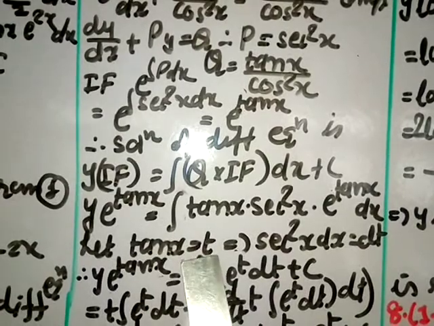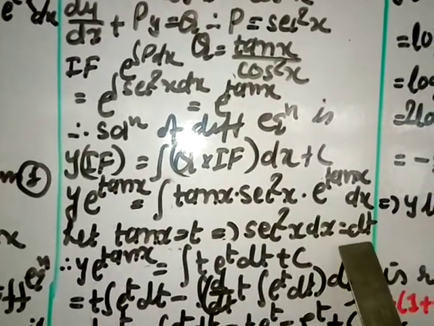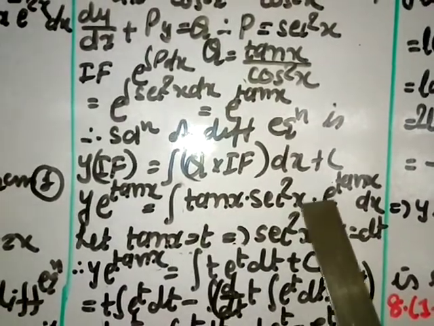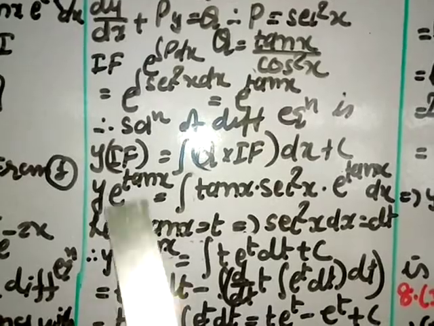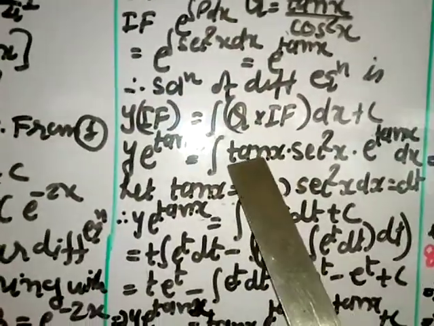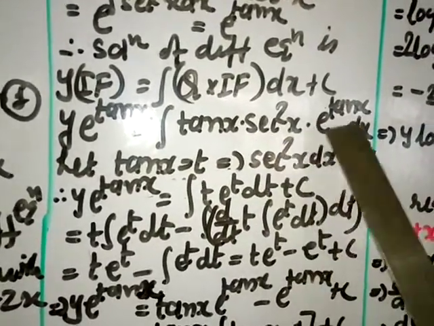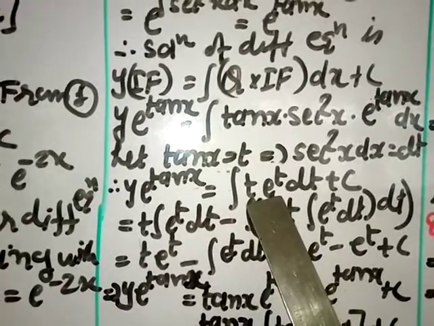Take tan x = t, so differentiating, sec² x dx = dt. I am not substituting the left side, only the right-hand side. So the integral becomes t e^t dt, plus c. Now you have to do integration by parts.